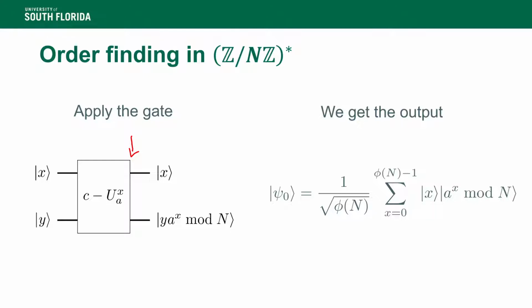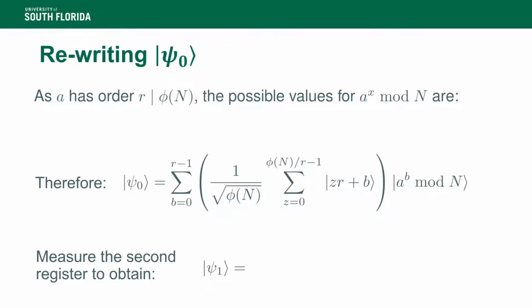Now, the output of this is simply the same state as our input state, except that the second register contains a to the x mod n for all possible values of x. Now, we can rewrite this because when a has the order r, which has to divide phi of n, a to the x mod n only contains a limited number of values.